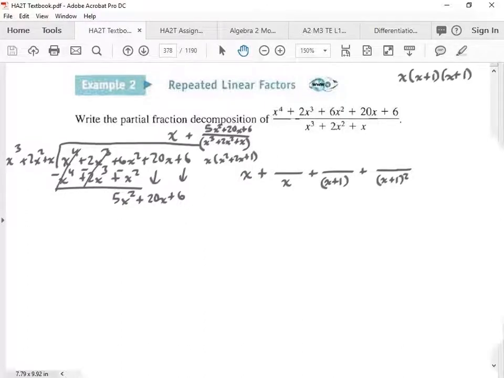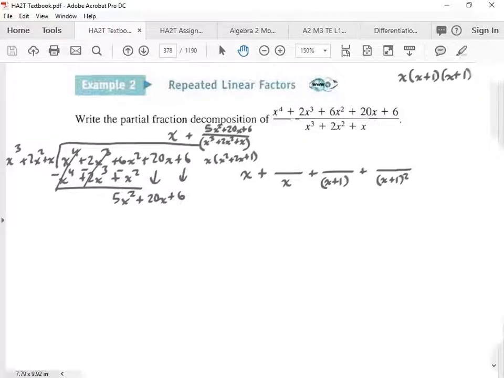Let's say we had another factor, x plus 1. If it was 3 times, then you would add x plus 1 to the 3rd power. So you would have to do all of these, because this factor has a multiplicity of 3. But it only has a multiplicity of 2, so we don't have to write that part.